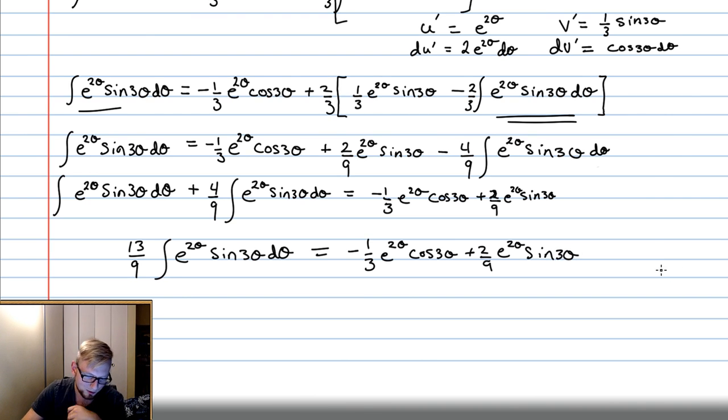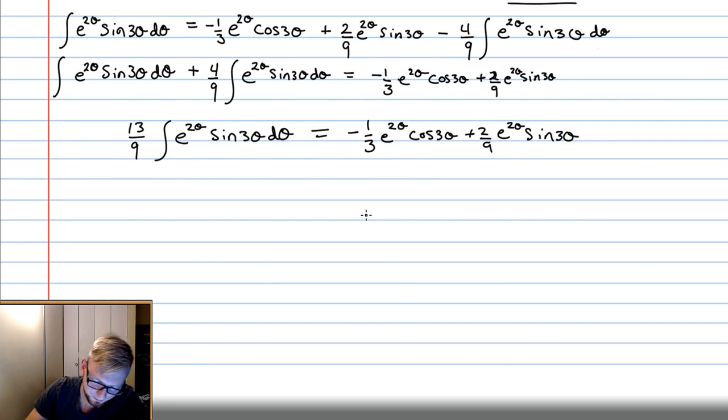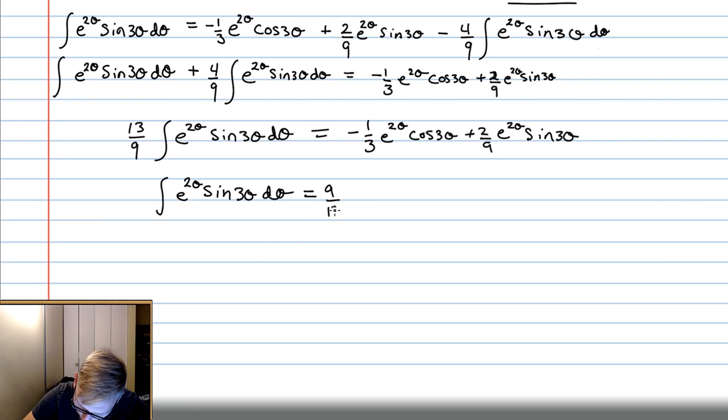And now you just get rid of the 13 over 9. So this integral from the beginning, e to the 2 theta sine of 3 theta d theta, is now equal to 9 over 13 times all the rest of this mess.